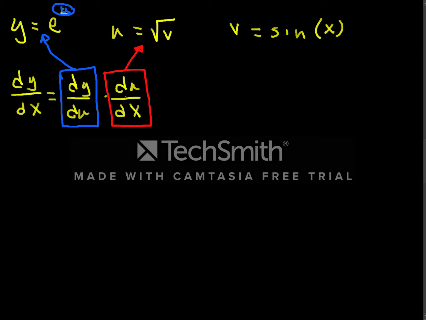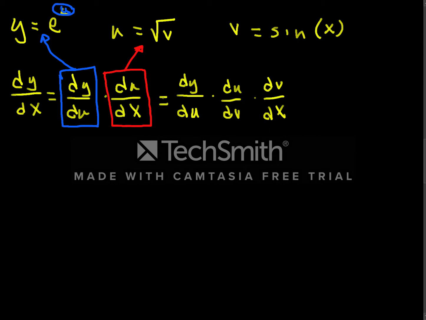So rewriting this, this is dy dx equals dy du times du dv times dv dx.